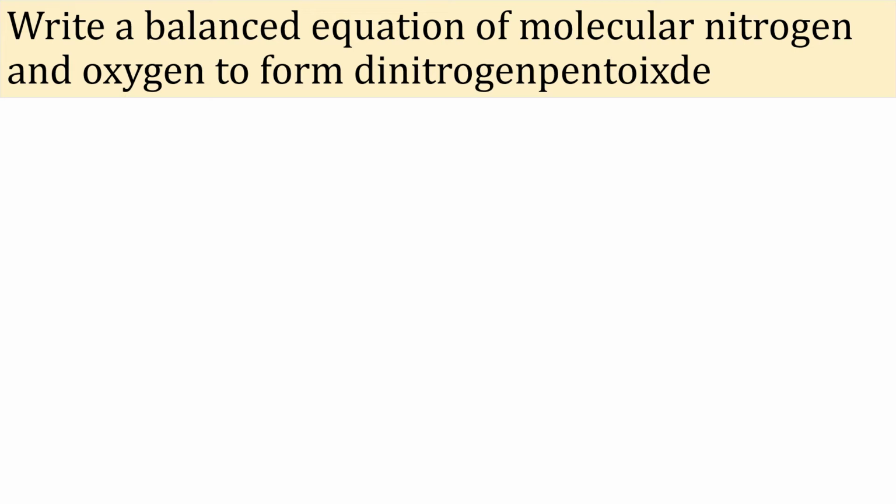Let's look at the example. This example asks you to write a balanced equation of molecular nitrogen and oxygen to form dinitrogen pentoxide. In the first step we're going to write an unbalanced equation where nitrogen is reacting with oxygen to form dinitrogen pentoxide.